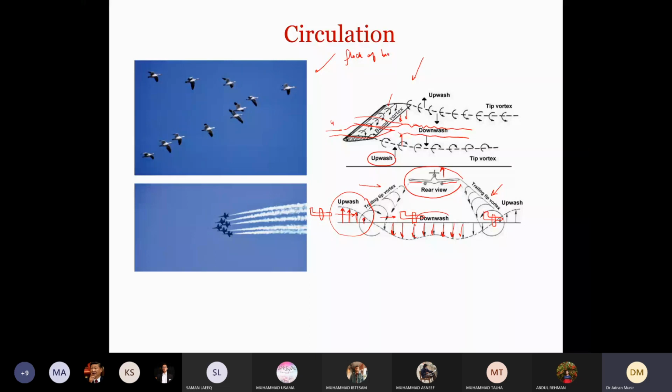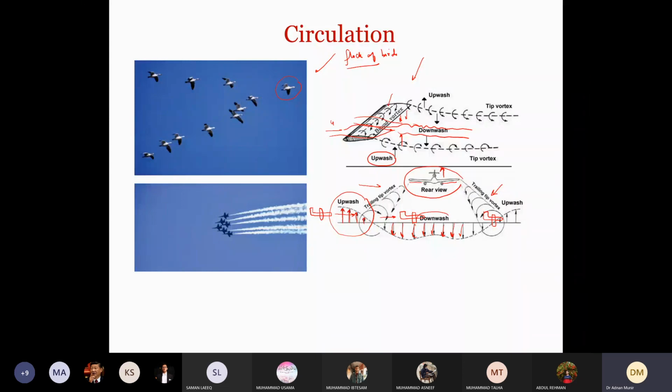So normally, nowadays, people are trying to understand the physics and mechanics of flocking birds, and trying to replicate or use their flocking characteristics to design UAVs which can work in coordination with each other, right? So we have one leader and other followers. You can see that this is the leader in this case, and the others are followers, right?